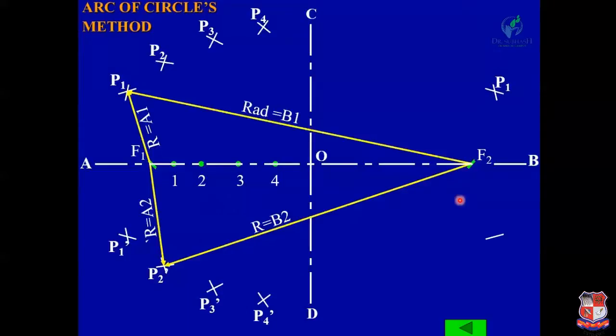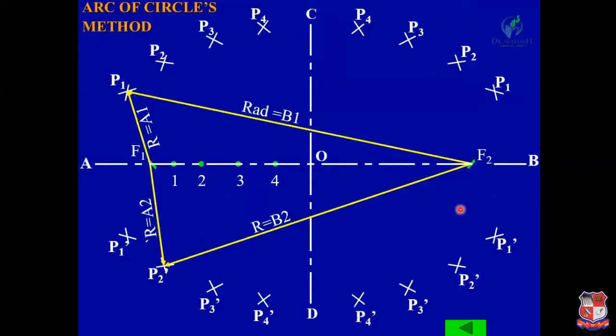Similarly, you will get the points on the other side of minor axis CD, that is P1, P1 dash, P2, P2 dash, P3, P3 dash, P4 and P4 dash.